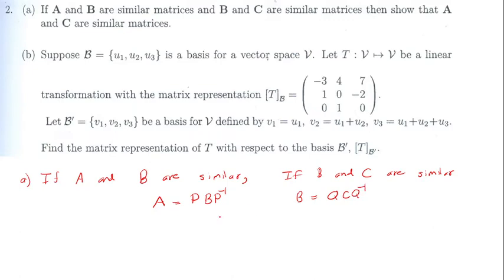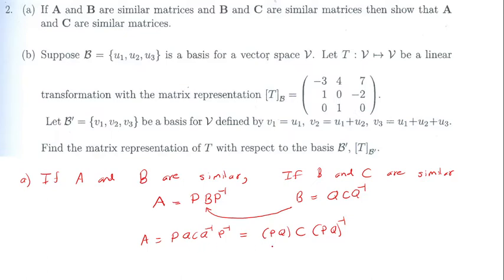I can substitute B to this side and write A as P into B, that is P Q C Q inverse P inverse, and I can write this as PQ times C times Q inverse P inverse, which is (PQ) inverse.